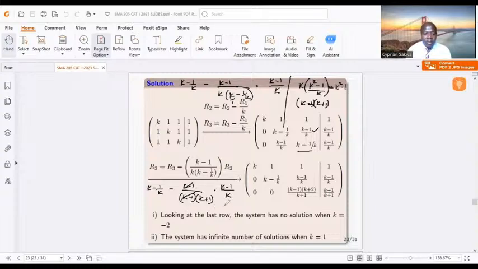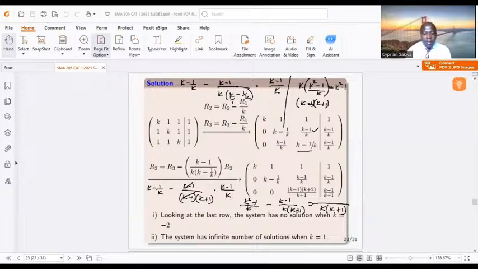When you do that, you're left with this part, which is k into k squared minus 1, then minus, this other part is k minus 1 out of k into k plus 1, which is the LCM of these two is k into k plus 1.